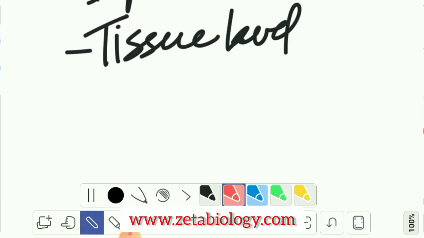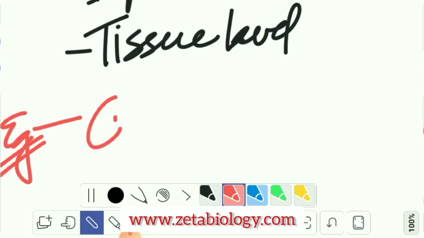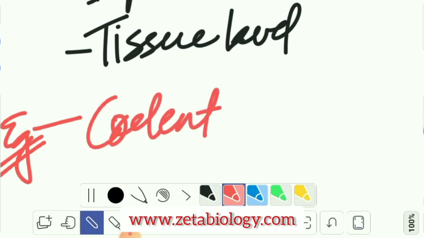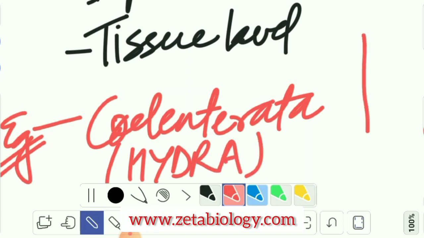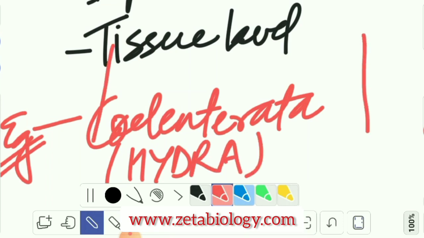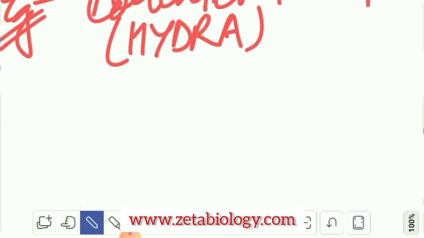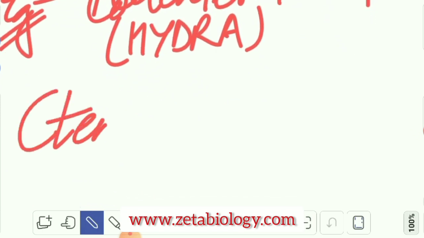Examples of Radiata are Coelenterata, and in particular Hydra. Next, one more example, Ctenophora.